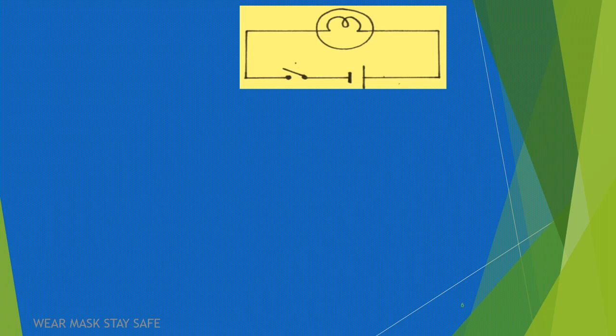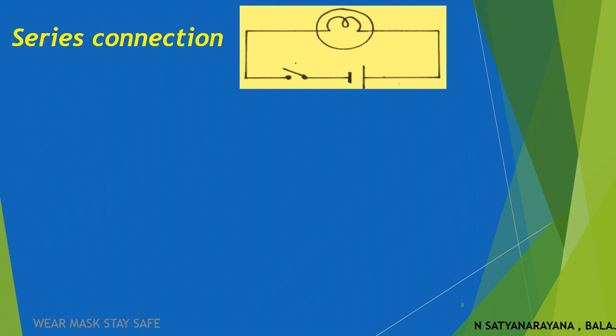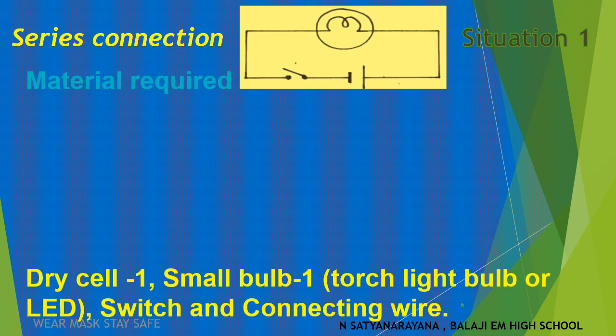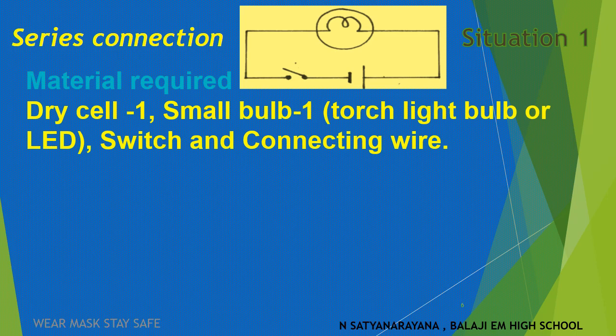So now let us start with a series connection. All the devices are connected in series. If you observe the circuit diagram, in the first situation, let us take a dry cell and a small bulb, like a torchlight bulb or LED.